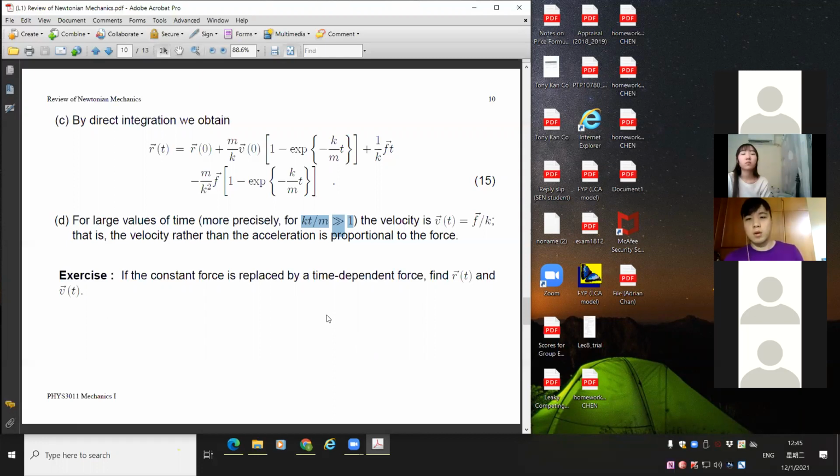When we say for a long period of time, we say that it should satisfy this condition. Why is it so?